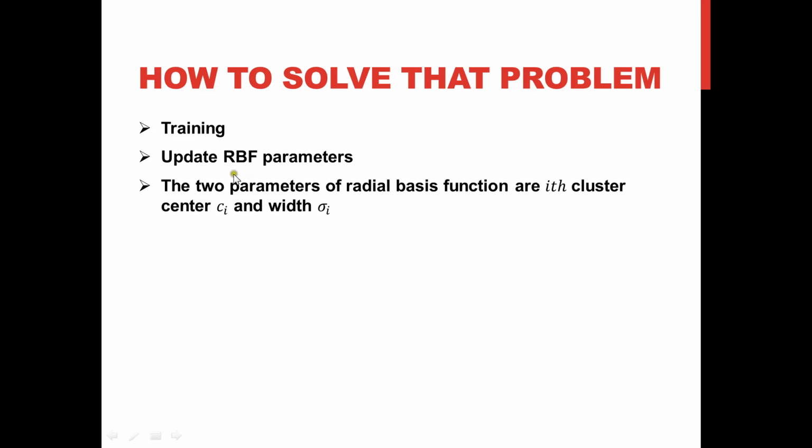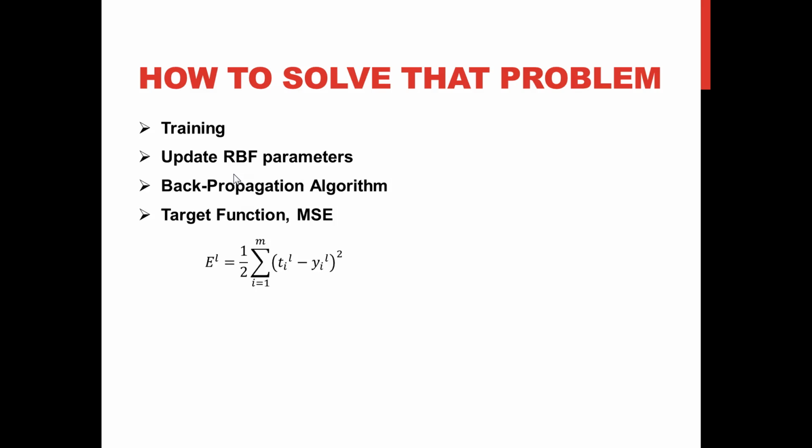After updating the W, we need to see how to update the RBF parameters. The two parameters of a radial basis function are the ith cluster center Ci and the width sigma i. And we need to apply a back propagation algorithm, which means we need a target function. This is the target function.